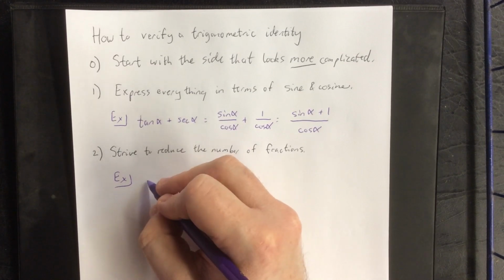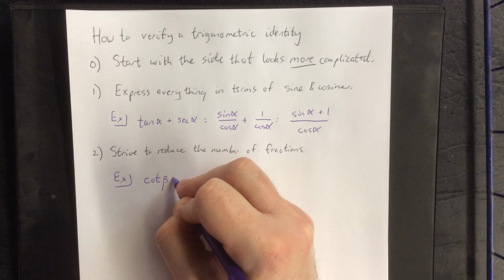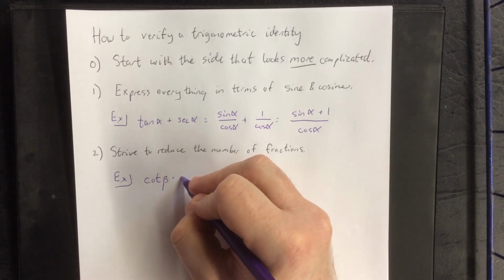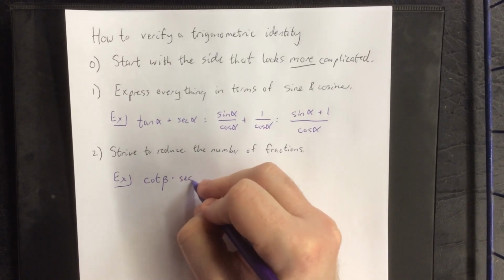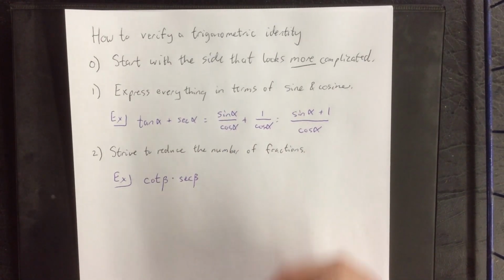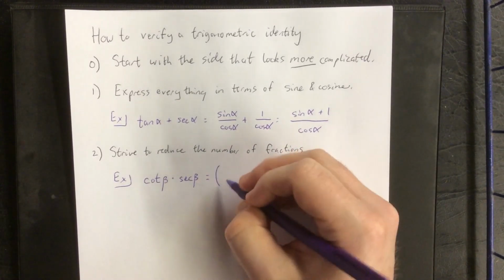For example, we could consider the cotangent of beta times the secant of beta. Let's say that I employ strategy number 1, and I want to express these in terms of sine and cosine.